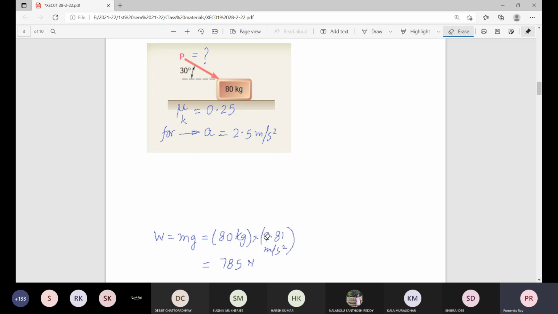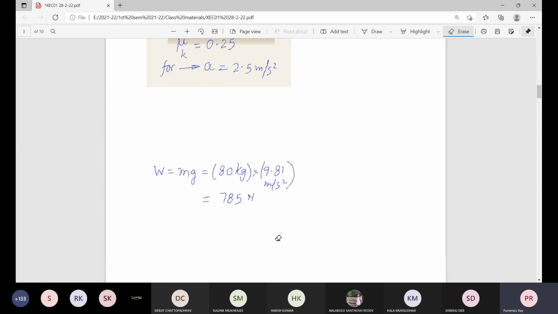In school, sometimes we assume that to reduce the calculation effort. But anyway, for would-be engineers, you have to consider 9.81 or 9.807 meter per second square because that is the standard value of g on the Earth's surface.